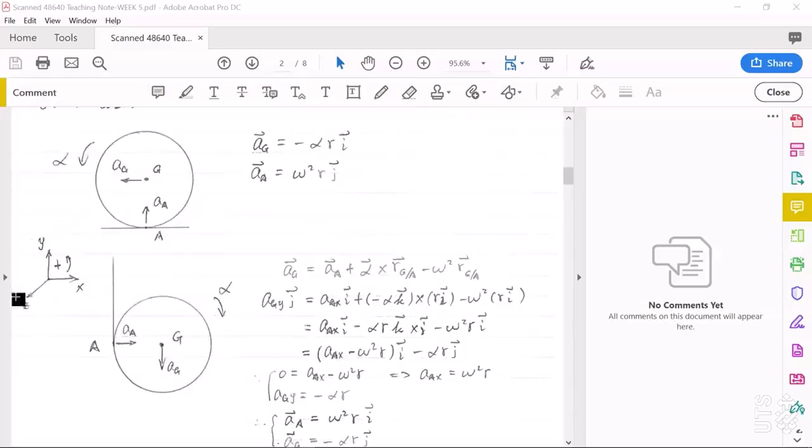Here we are based on this conventional coordinate system.